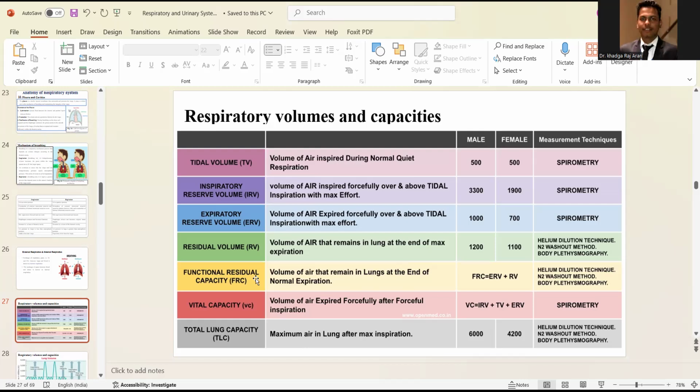Next is the total lung capacity, that is the maximum air in the lungs after maximum inspiration, and that may be variable in male and female. Normal TLC, total lung capacity, is 6000, and that can be measured with the help of the helium dilution technique and nitrogen washout method.